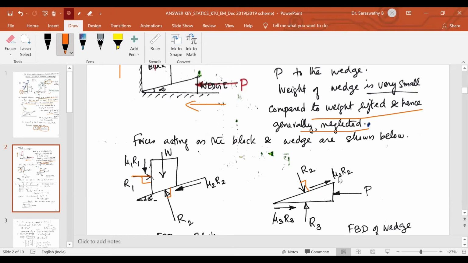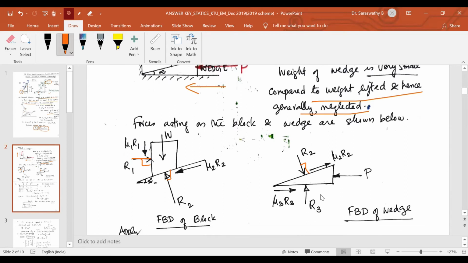So this will be the frictional force. These internal forces should exist in pair. Force P applied horizontally towards left. So there will be frictional force opposite to that, mu R. And the contact reaction between the floor and the wedge, R3, perpendicular to the floor. So these are the two free body diagrams of the wedge as well as the block.